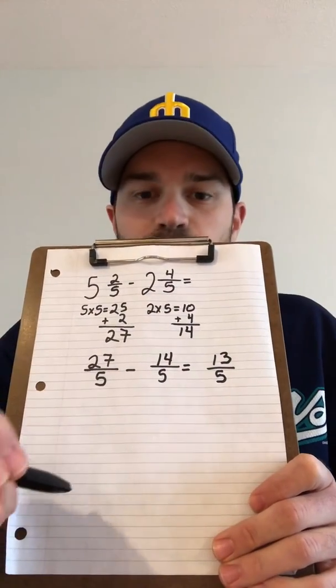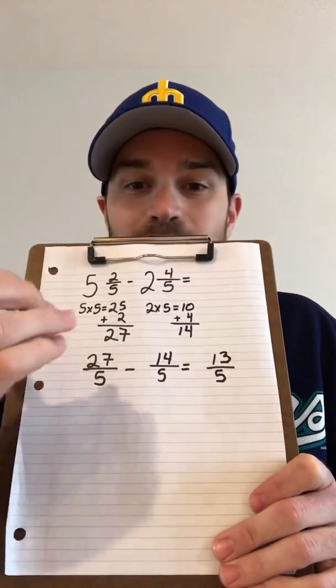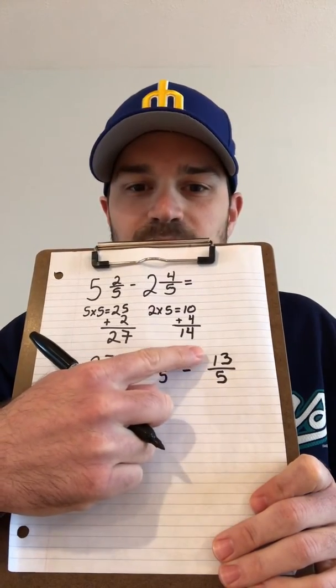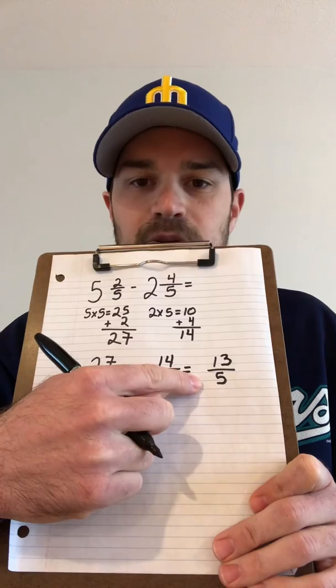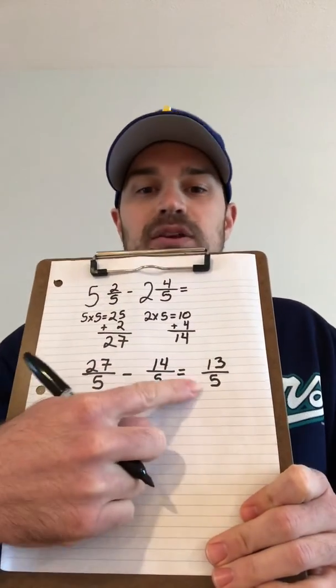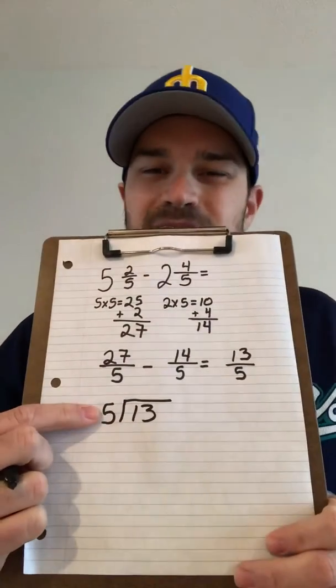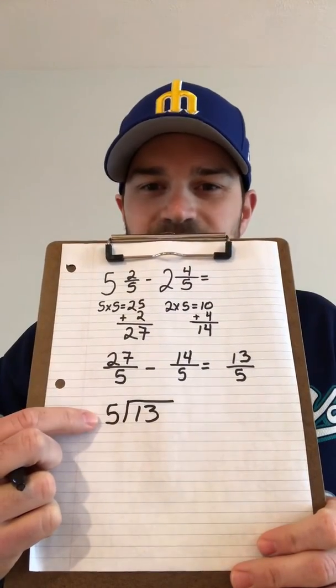But in this situation, guys, we're looking for our final answer to not be an improper fraction. Remember, an improper fraction is when the number on top is bigger than the denominator. So we're going to have to divide 5 into 13. So I'll set that up. Remember, there's a couple different ways that you can do this. This is my favorite method.